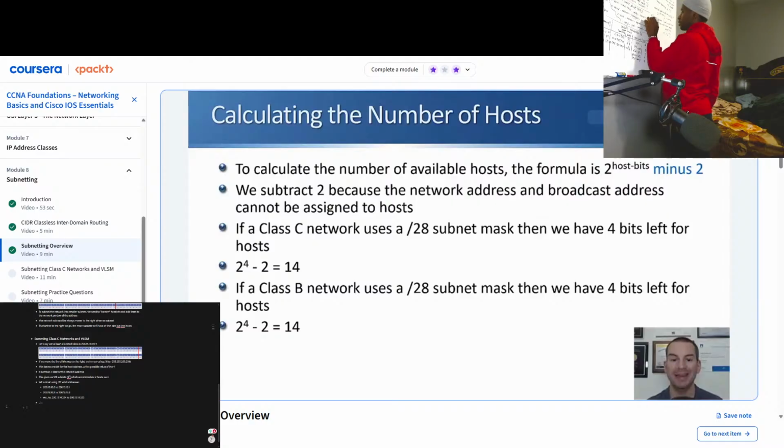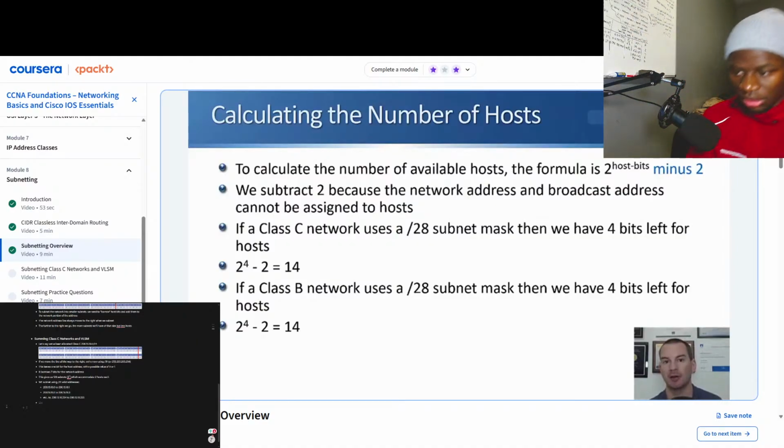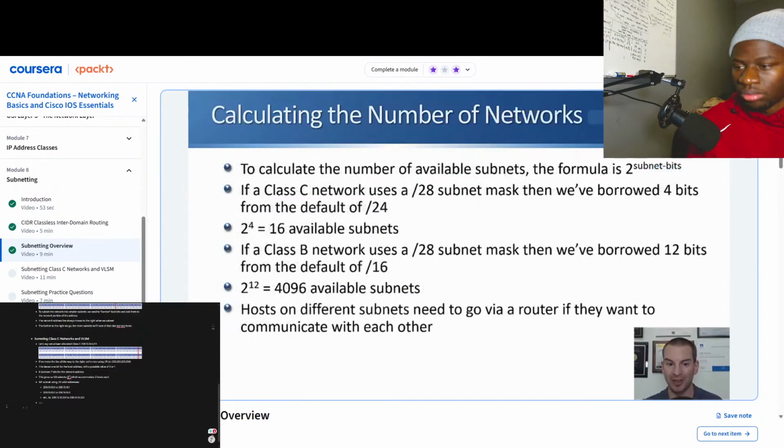If we've got a class B network and it's using a /28, again we've got 4 bits left for our hosts. So 2, 4, 8, 16 minus 2 is 14. It's exactly the same. Notice that the number of hosts we get depends on the subnet mask size, and it's the same whether it's class A, B, or C. But the number of subnets is different for class A, B, or C because they have different default subnet mask sizes.